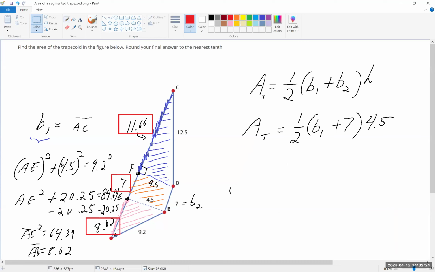So now I know that it's 1/2, and my base 1 is 11.66 plus 7 plus 8.02, which is 26.68.